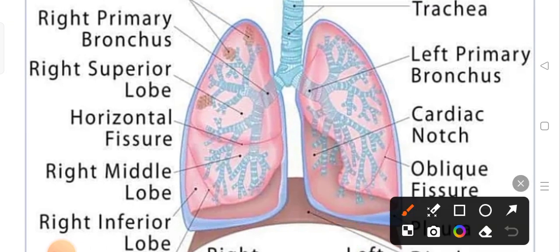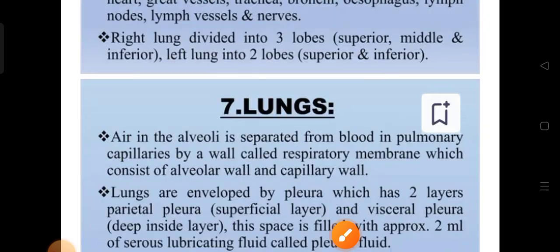So this is the left lung. Like this it will divide.